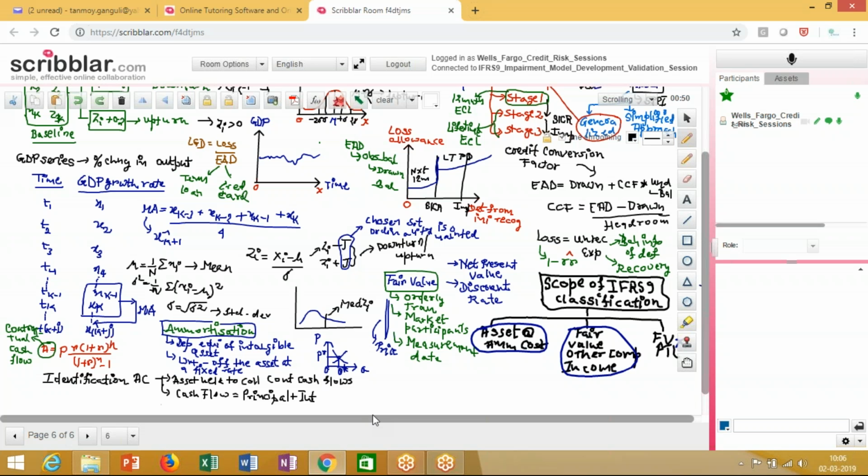Now we'll look into the kind of assets in the financial statements of an investment company or a bank, and understand whether those assets are in line with the IFRS 9 classifications. I'll use examples of two firms I previously worked for.